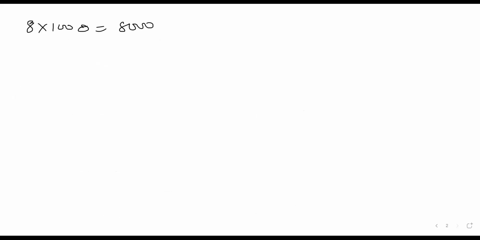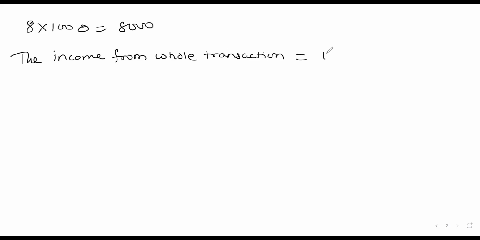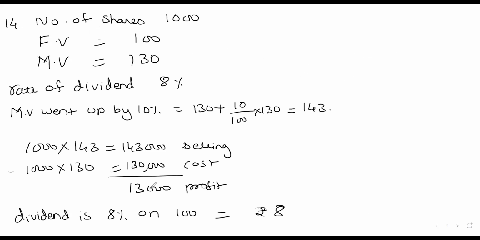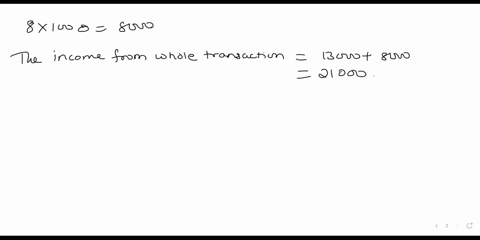So her income from the whole transaction is 13,000 plus 8,000. That is 21,000 is the total income. And because 8,000 is the annual income, we'll assume that they have received the dividend in between, and the selling price gives you profit of 13,000. So the total profit from the transaction or total income from transaction is 21,000.